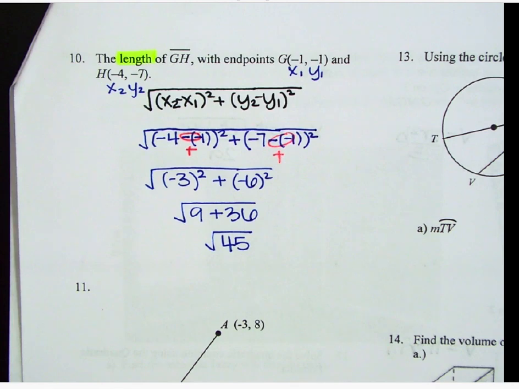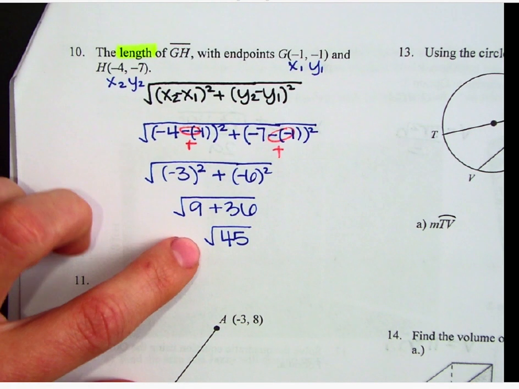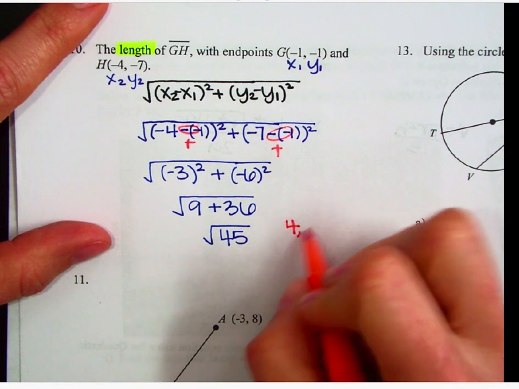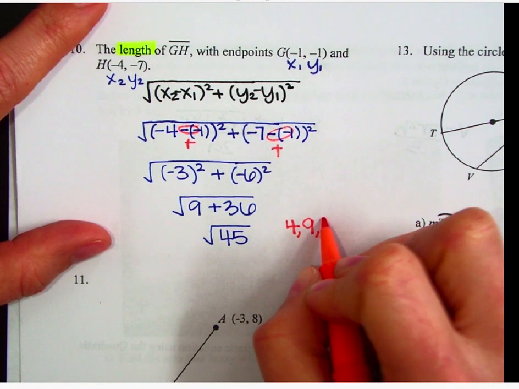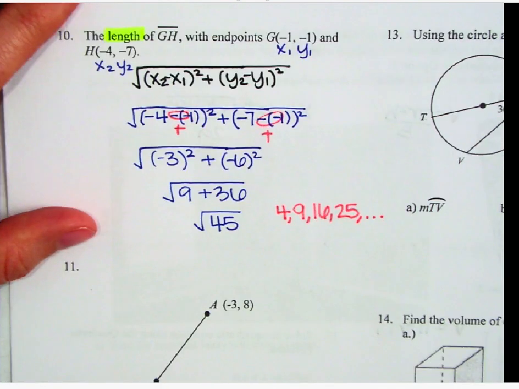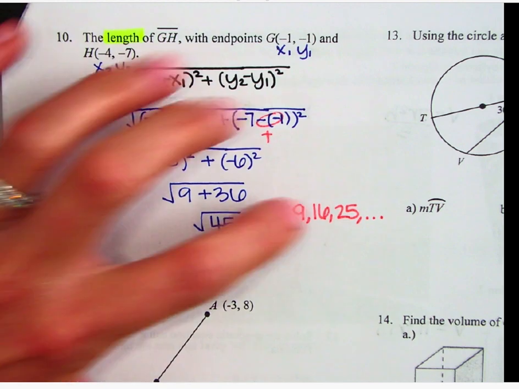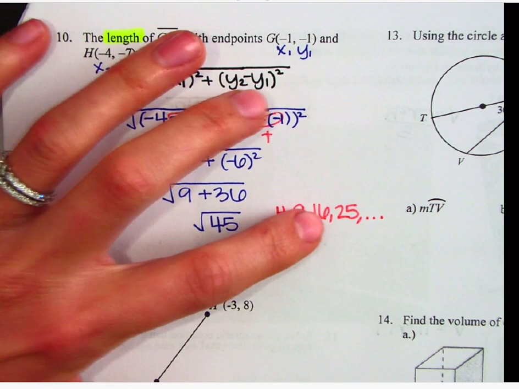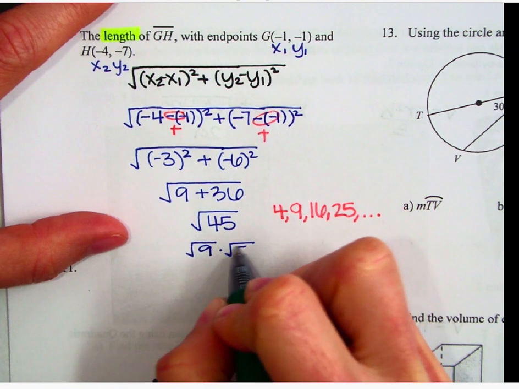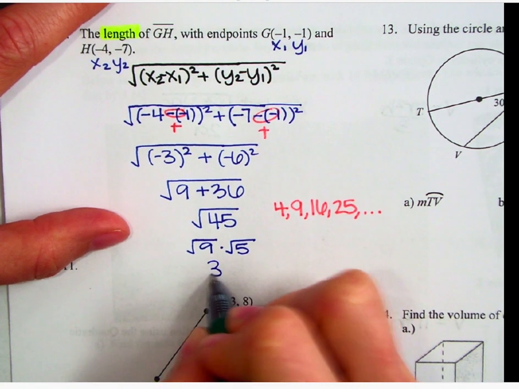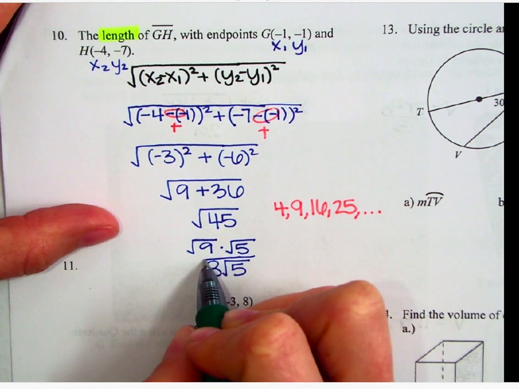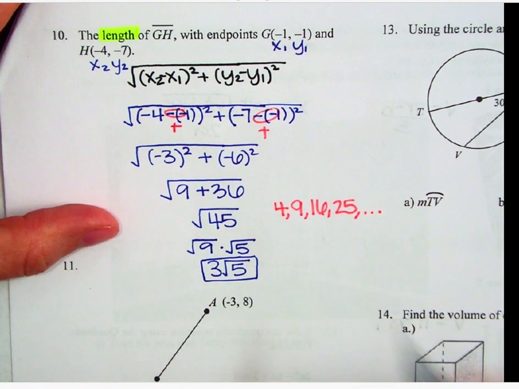Again, when we have square root of 45, I want to simplify by thinking about the list of perfect squares like 2 times 2, 3 times 3, 4 times 4, 5 times 5, and that list goes on. So I'm able to rewrite 45 using a factor of 9. So we could rewrite this as 9 times 5, and the square root of 9 is 3. Can't take the square root or simplify 5 further, so 3 square root 5 would be the length.